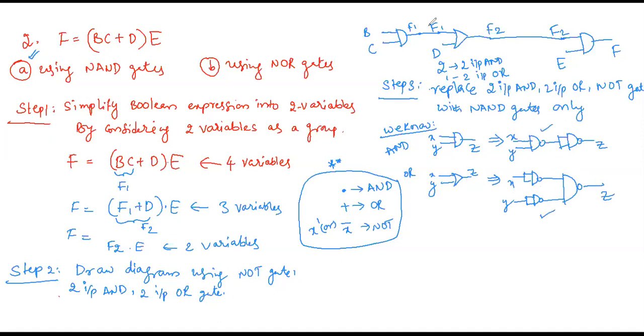Wherever the OR gate is there, replace it with the structure. This is an AND gate, this is an AND gate, so replace this structure. This is an OR gate, so replace this structure. Similarly, you do with NOR gates.